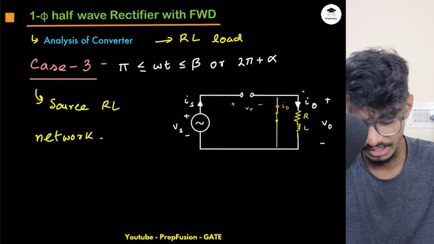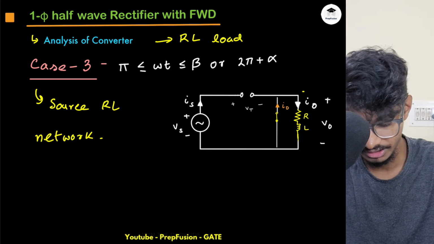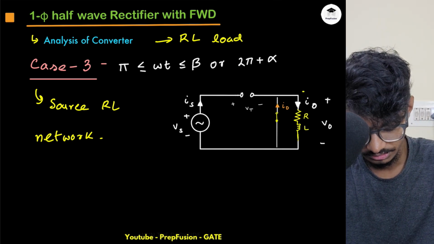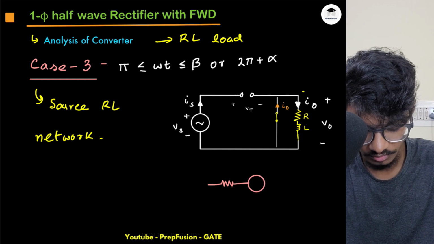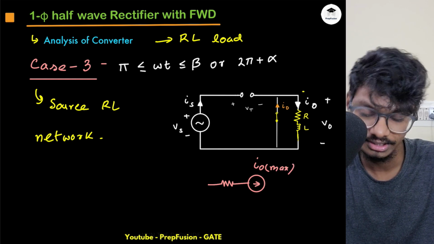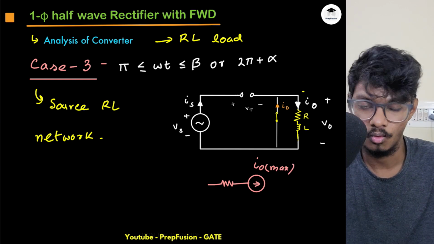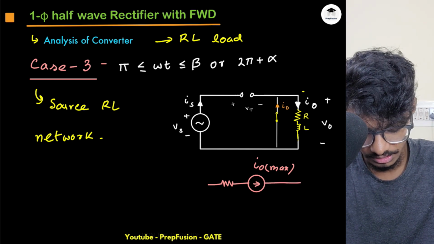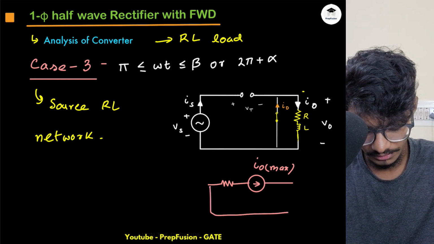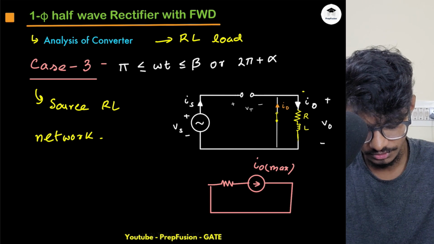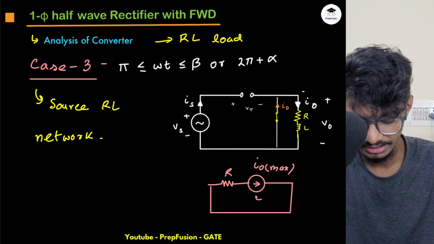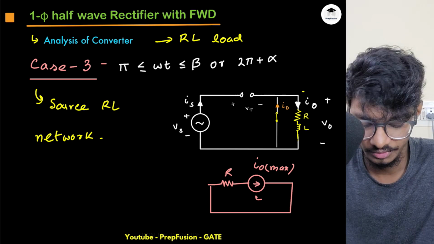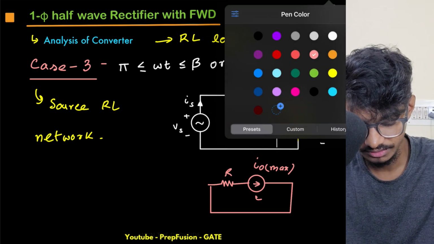If this is a source free RL network, I can redraw the network like this. This is R, and this inductor has some current. What is this current? That is IO max, because for an RL load it energizes till omega t equals pi. So this is IO max and this is some R, and obviously this has some inductance as well. And simply, what is the equation? The equation is simply the discharge equation for this.